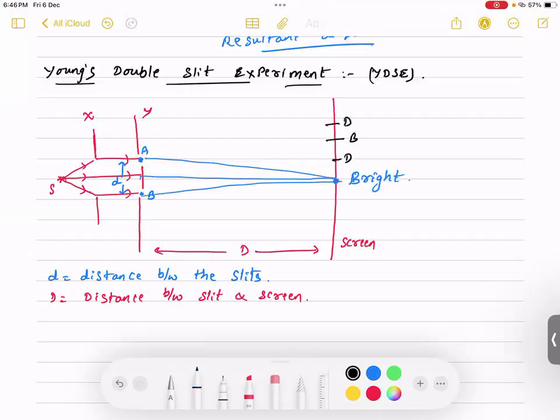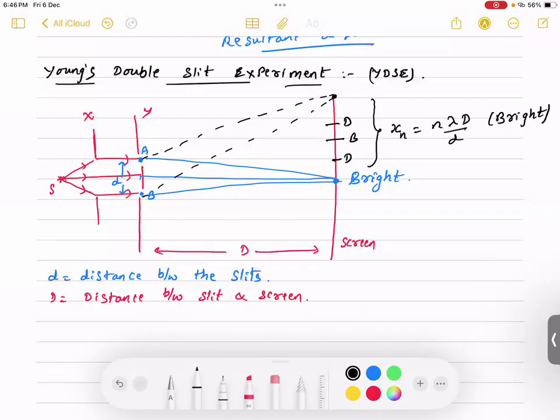If I take a particular point, it may be a bright band or a dark band, whatever it may be. Now please remember, the distance is given by n lambda capital D by small d, if it is a bright band. So if this is the nth bright band, what is its distance from the central fringe? n lambda D by d.